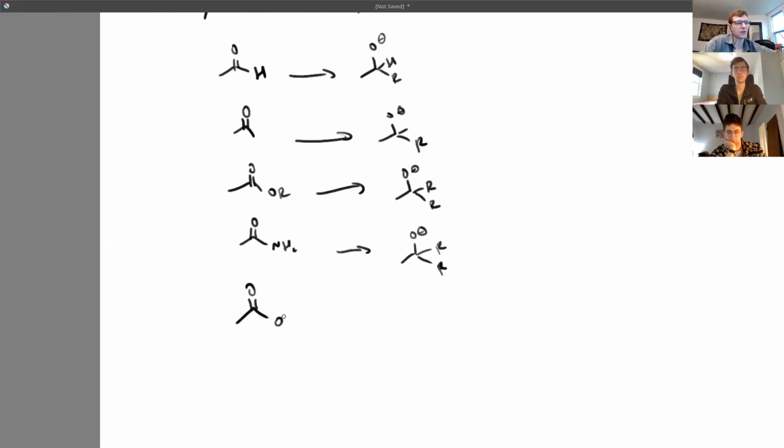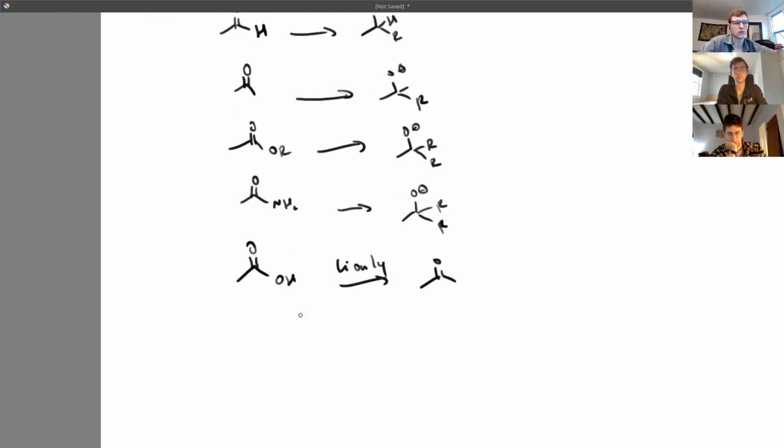And then lastly, like you guys were saying, for acids, this one is organolithiums only, but if you add two equivalents, it'll make a ketone after aqueous workup, which is just because it can only add once, since the OH minuses, or the O minuses, are just awful leaving groups.